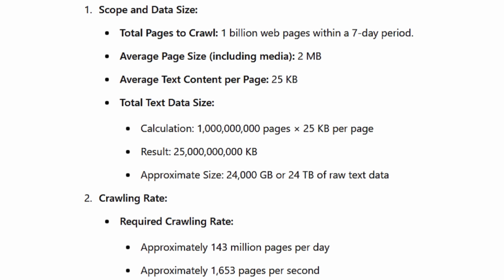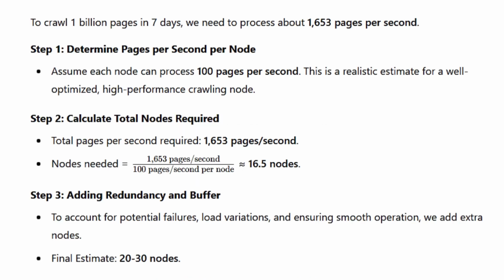Also, the crawling rate is approximately 143 million pages per day. This comes from dividing 1 billion web pages by 7, and converting to pages per second, we get 1653 pages per second. So to crawl 1 billion pages in 7 days, we need to process about 1653 pages per second.